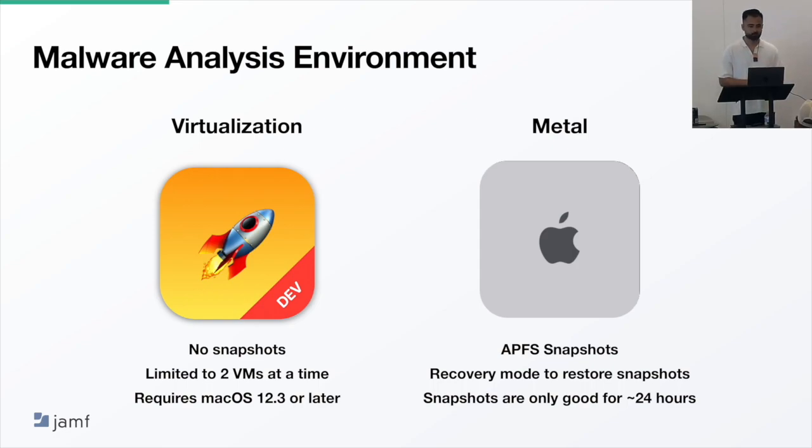They don't offer snapshots, you need macOS 12.3 or later, and you're limited to 2 VMs at a time. And then there's running on metal, so just getting a dedicated Mac Mini to detonate malware in an isolated environment. We use APFS snapshots so that when we detonate malware, we have a snapshot, and then we can recover from that snapshot in recovery mode.